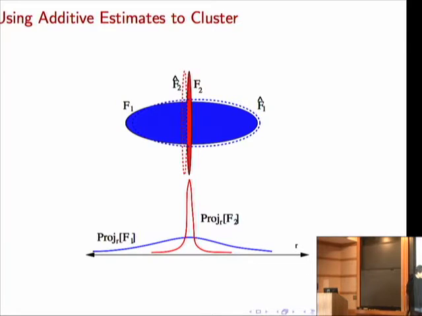So what we can do is construct an interval around f2 using our estimate f2 hat. And this interval doesn't need to be very wide to capture all of f2, so that f2 is very unlikely to fall outside this interval. But because the interval is not that wide, and because f1 projected onto R is never that peaked, we know that not much of f1 falls into that interval.